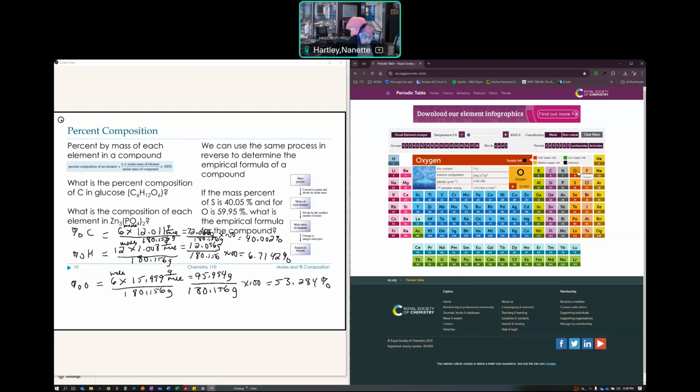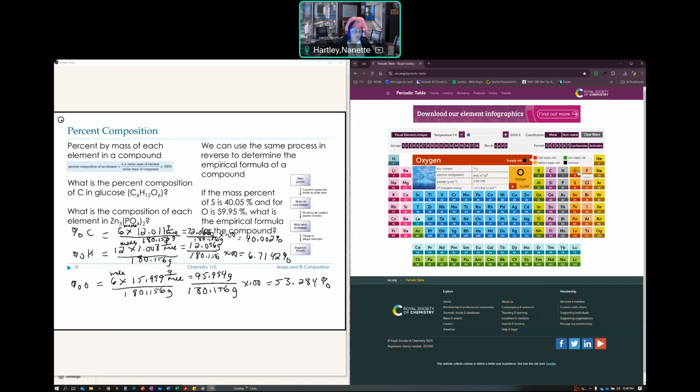So that gives me the percent composition of carbon, hydrogen, and oxygen, and it all adds back up to 100%. That's what I'm looking for. So I can do a quick check to make sure that it comes back to 100%. If it doesn't, I did something wrong somewhere. So it's one of the ways that I can check my work to make sure that I've done the right thing. Okay. Questions about that?